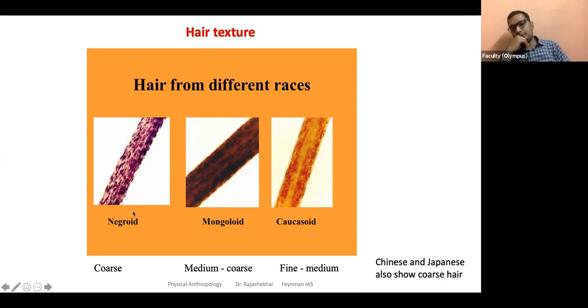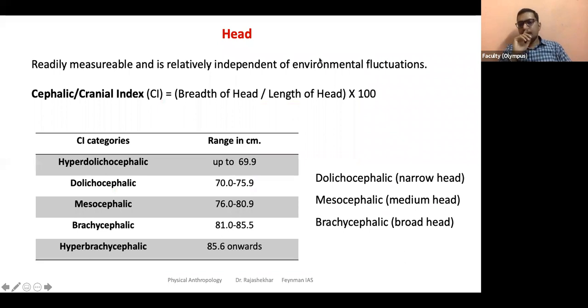So we can also use these features of hair to distinguish races. Then we'll move on to the head.